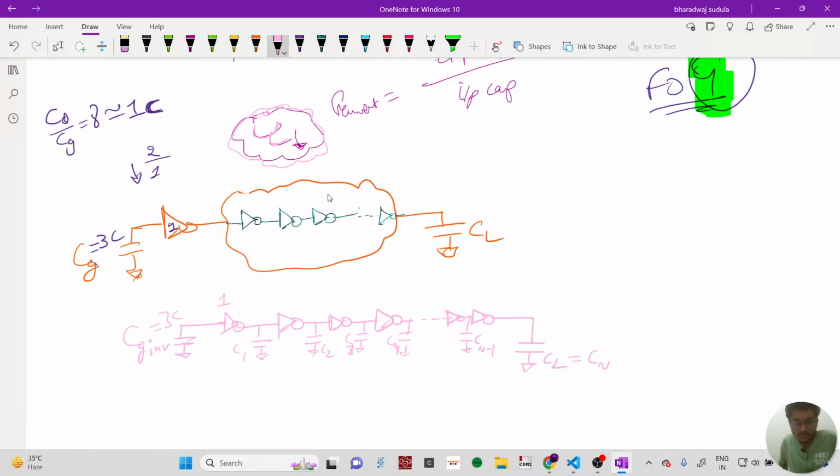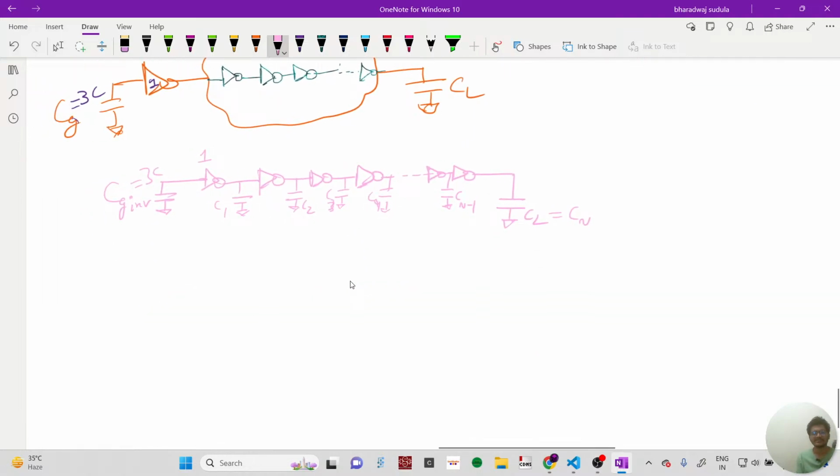Delay will reduce. We'll find out what these logic gates are, and we'll get to know why this delay is reducing. So a chain of inverters with some capacitance. So what will the delay be for an inverter?